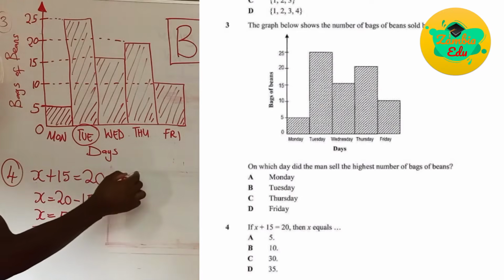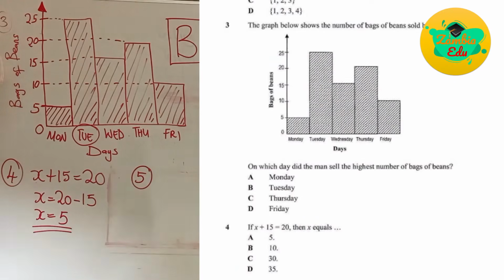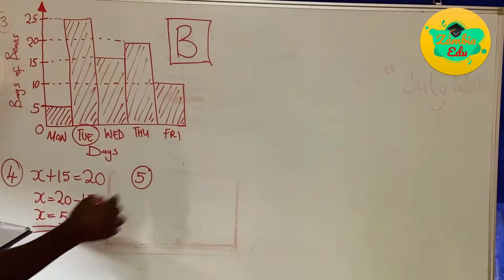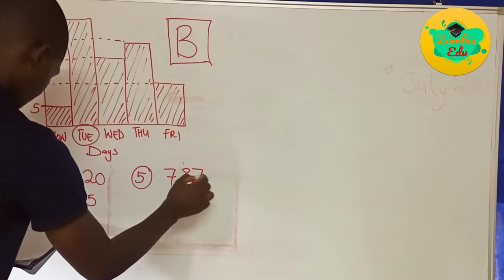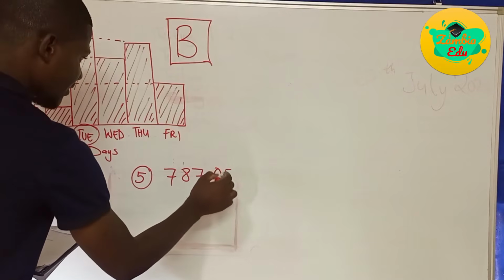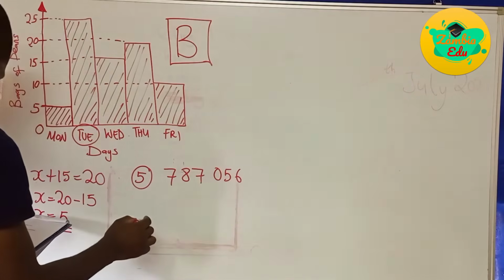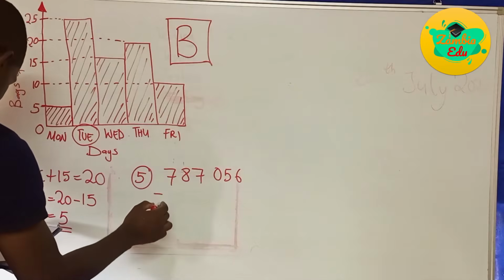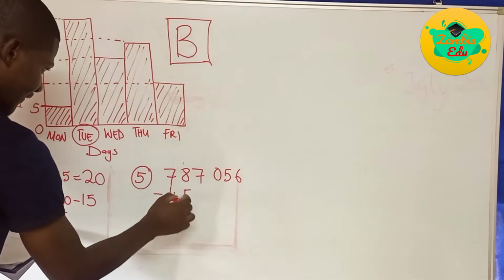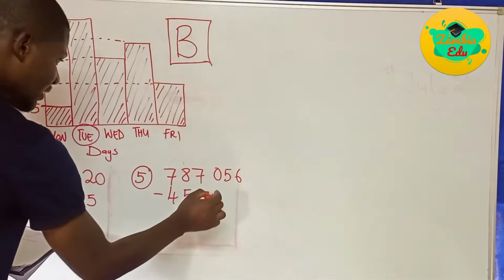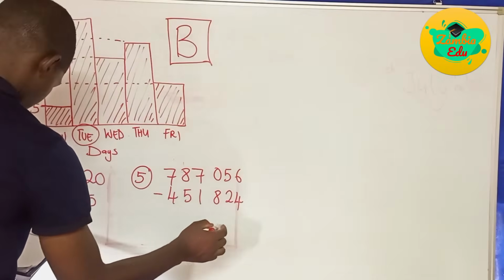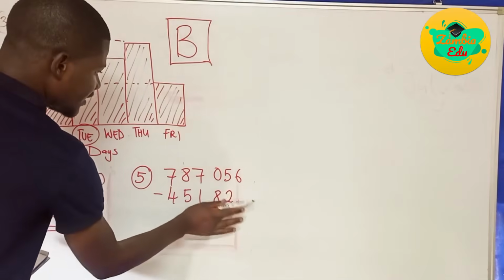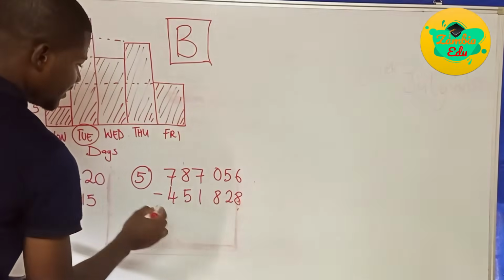Alright, we go to question number 5. They've given us 787,056, and they tell us to take away 451,828.